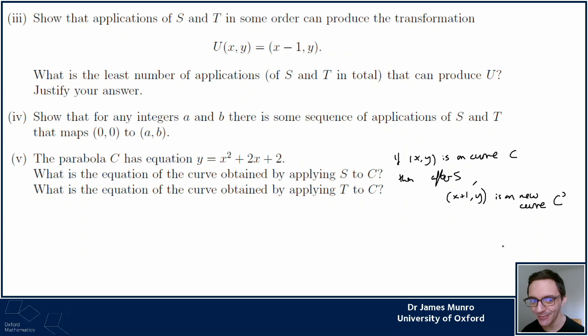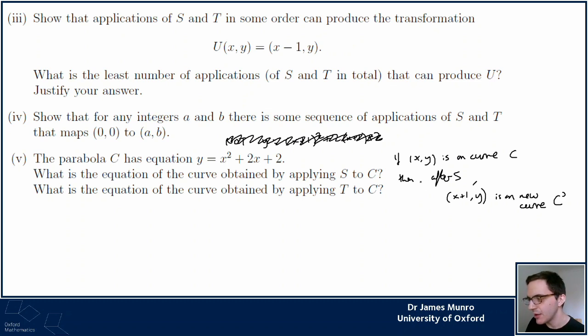It's a little bit like that problem where a translation to the right means you put a minus sign in your equation for the transformation of a graph. That's why I'm being careful not to write down this. I'm going to show you why in a moment.